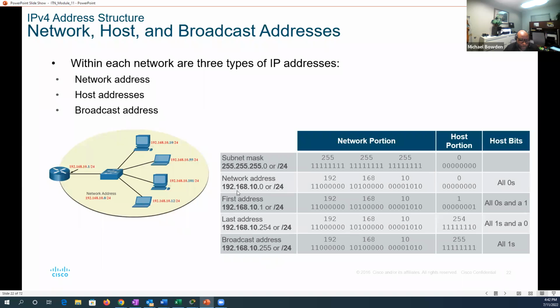Here the network address is 192.168.10.0/24. Our first usable address in the network is 192.168.10.1, and our last usable address would be 192.168.10.254. And then we have a broadcast address of 192.168.10.255.